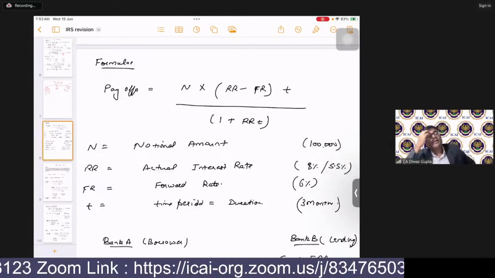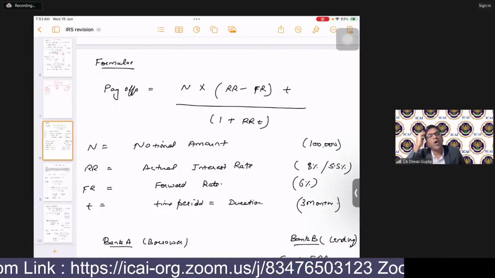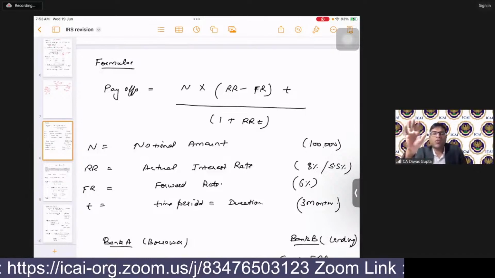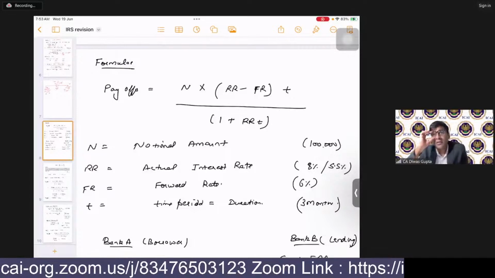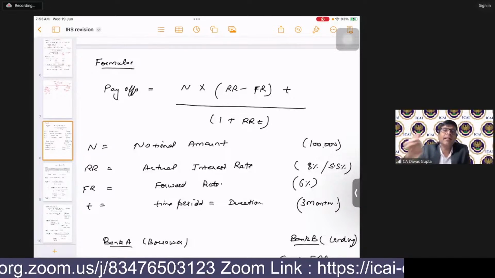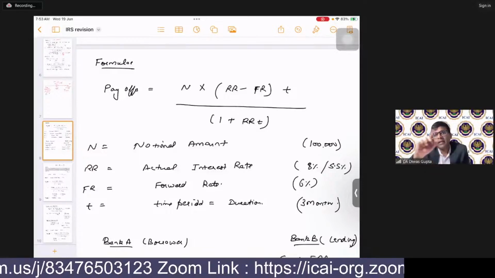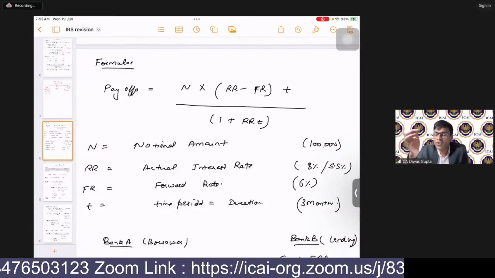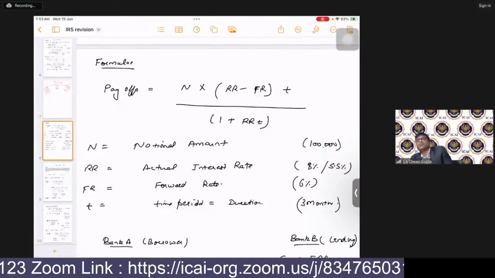Hence, I'm saying always think about who we need to solve for, whether it's the borrower or the investor. Second is what is the agreed rate and what is the actual rate. If I am a borrower, interest rate goes up, I will gain. If I am an investor, interest rate goes down, I will gain. Simple. In other cases, I will lose.